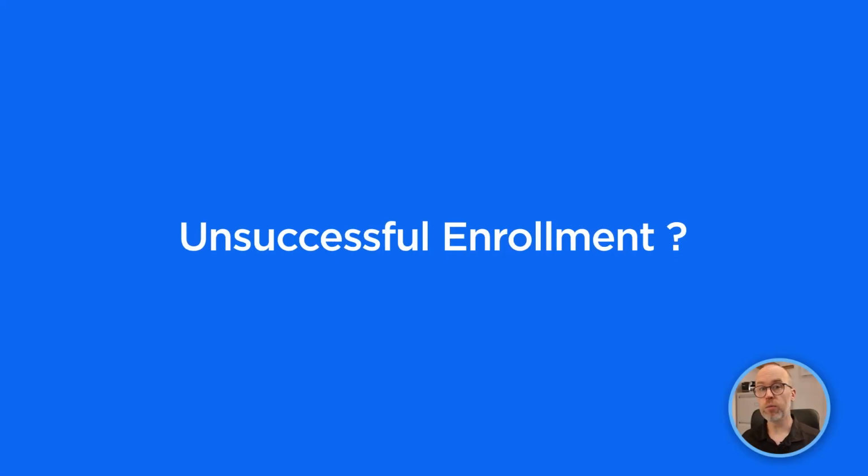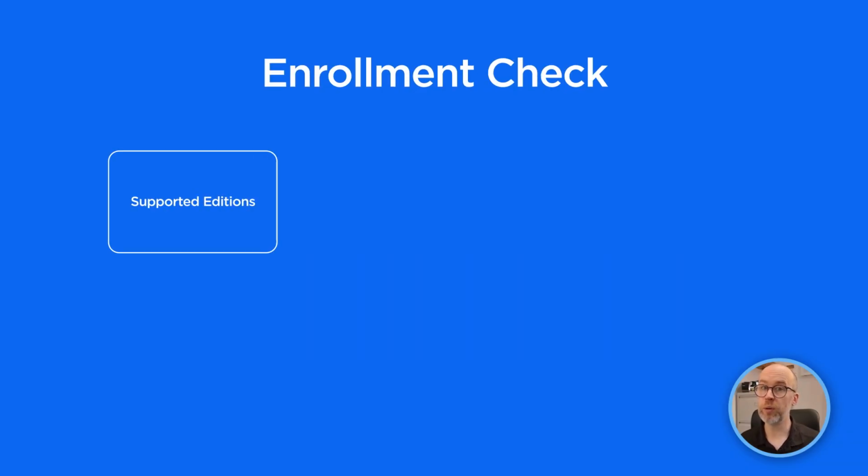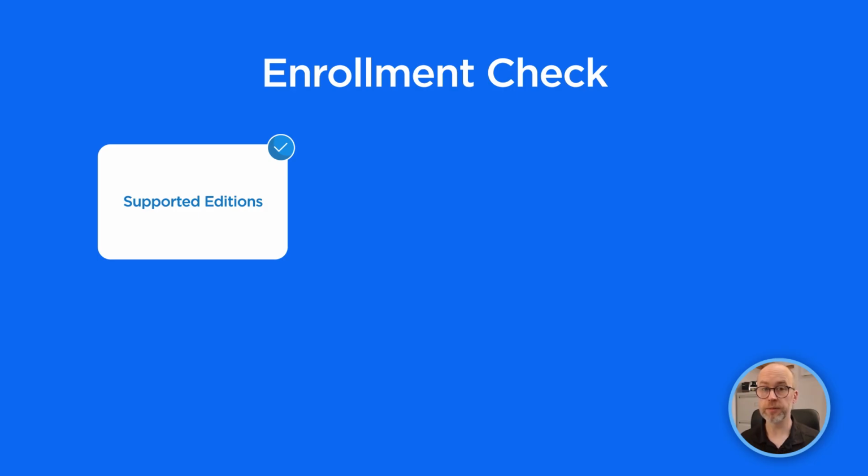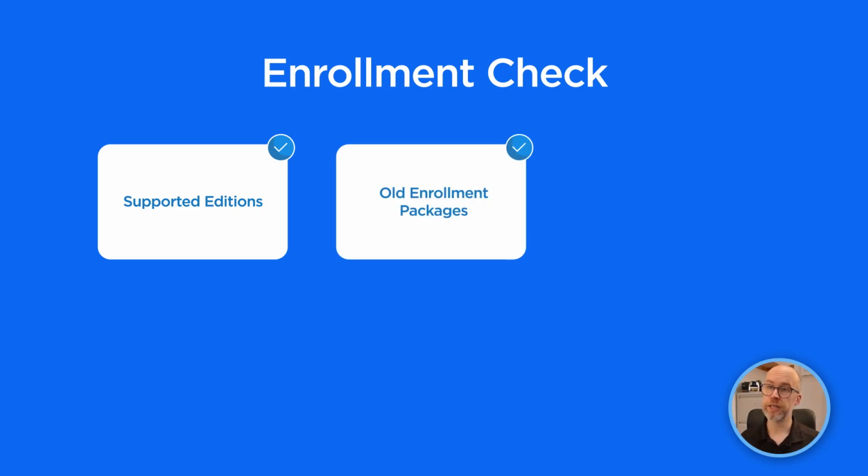Finally, if the enrollment process does not complete successfully, here are a few common places to start your troubleshooting. Check whether the Windows edition is supported. The supported editions are Professional, Enterprise and IoT Enterprise editions of Windows Modern. If the device is not brand new, check if there are any enrollment packages or PPKG files that have been used previously.